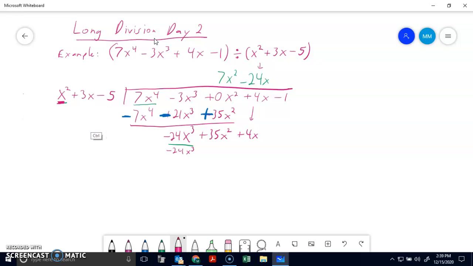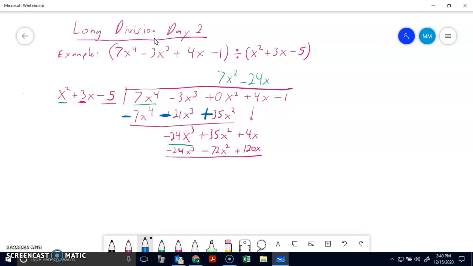So negative 24x times x squared is that negative 24x to the third. Negative 24 times 3 is negative 72x squared. Negative 24 times negative 5 is a positive, watch your signs, two negatives, 120x.